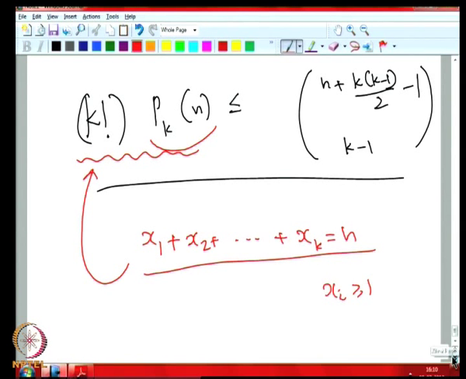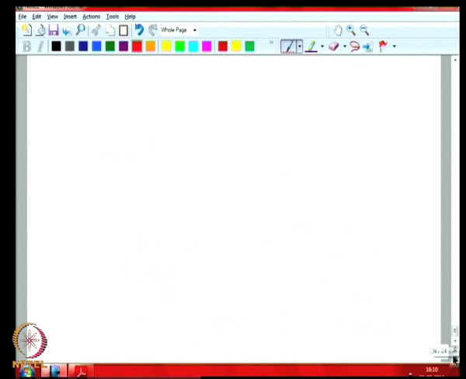So this is the way we will do a transformation. We will define y1 plus y2 plus ... plus yk equal to n plus something. How do I do it? So yi will be defined as xi plus k minus i.